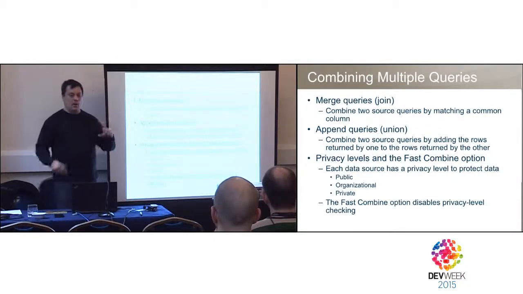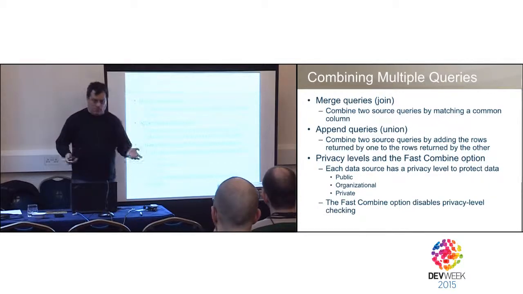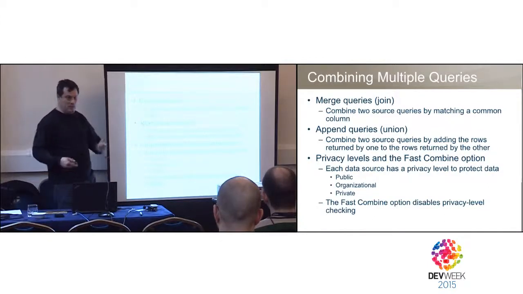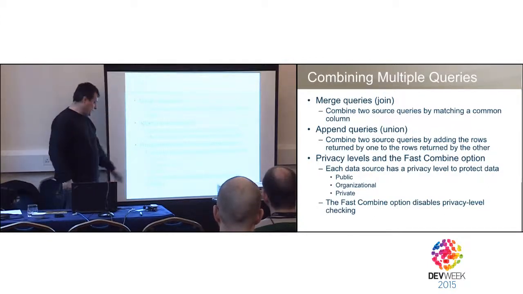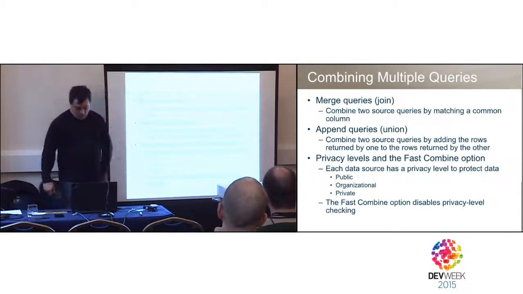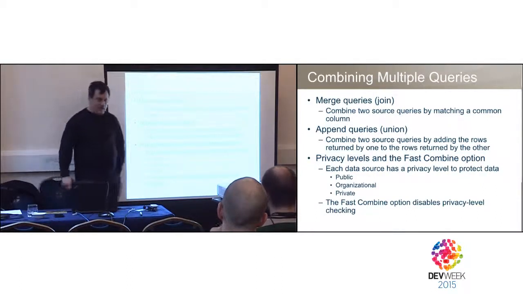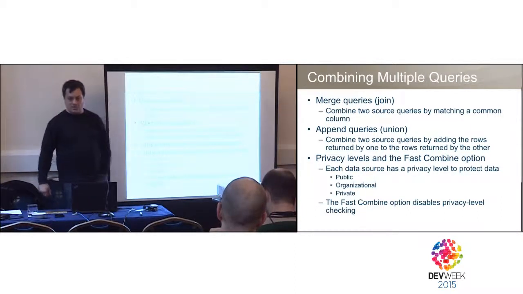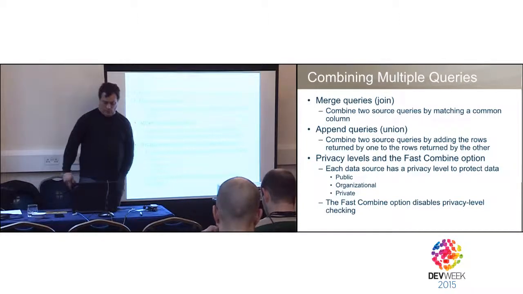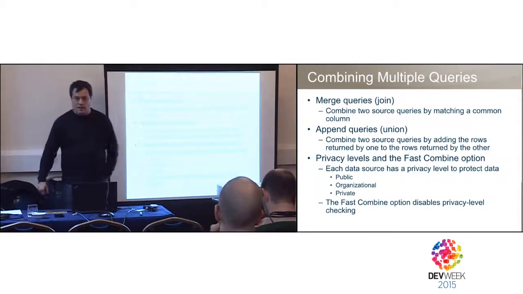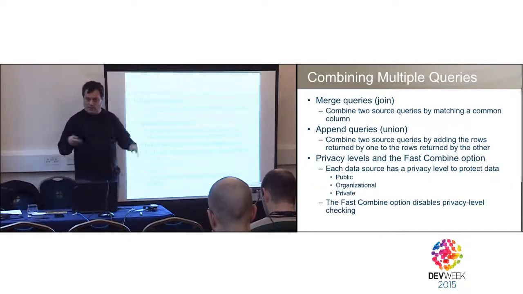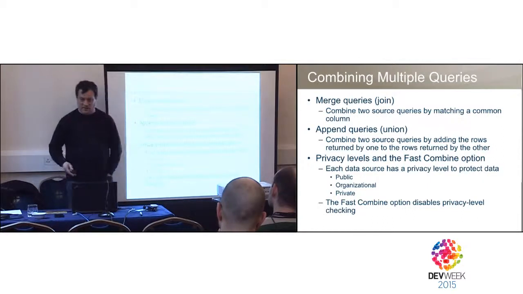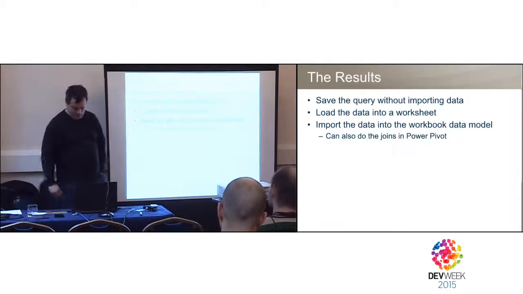Okay? So when you connect to data sources, if it's not public, of course, you need to have credentials for that data source. You cannot just connect to SQL Server even if data source has public permissions normally. But then if you combine data from multiple sources, then you want to bypass all of these checkings of security, so you can use fast combine option and say, okay, everything should be public, without any specific setting, so we can always get the results.